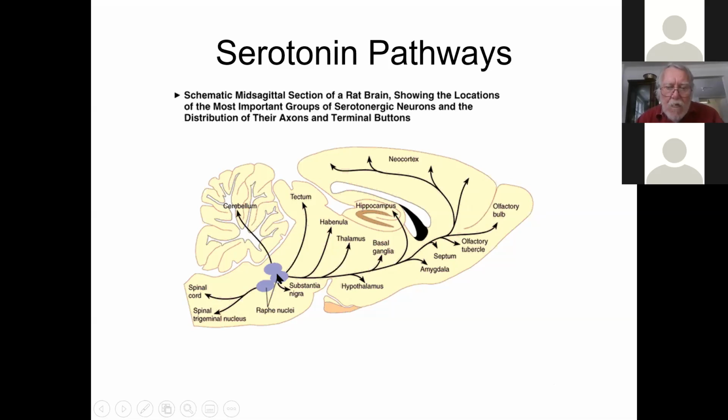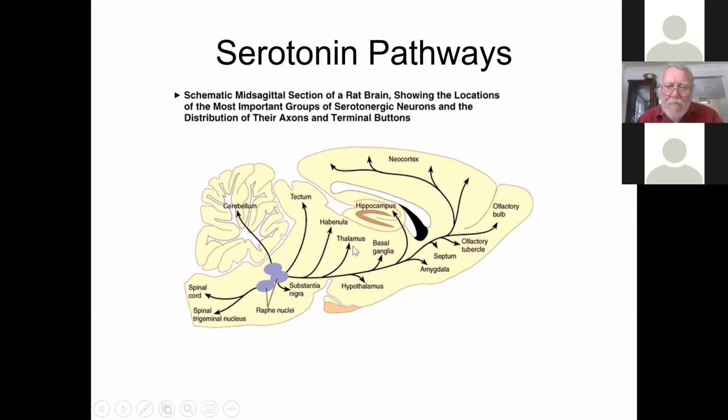These midbrain serotonin neurons modulate the substantia nigra and the ventral tegmental area. They modulate both the auditory and optic tectum. They modulate the so-called dorsal limbic system, the habenula.